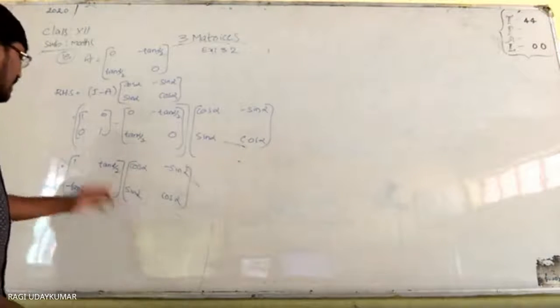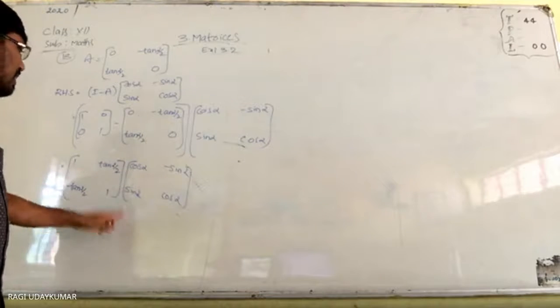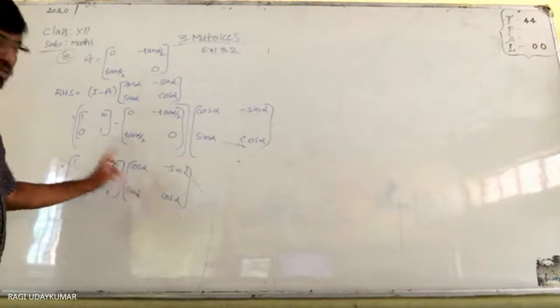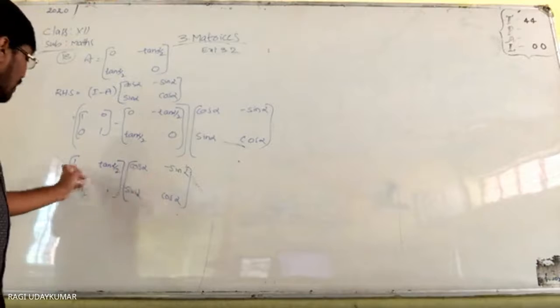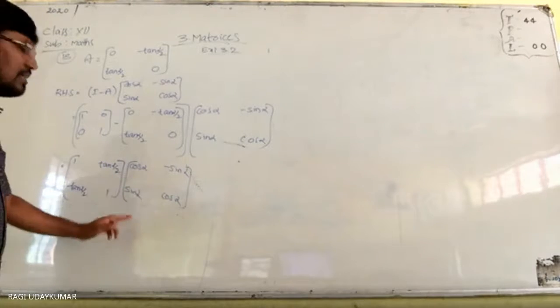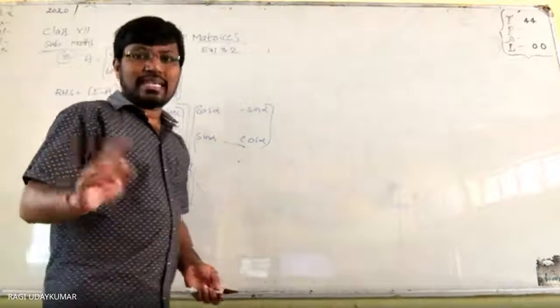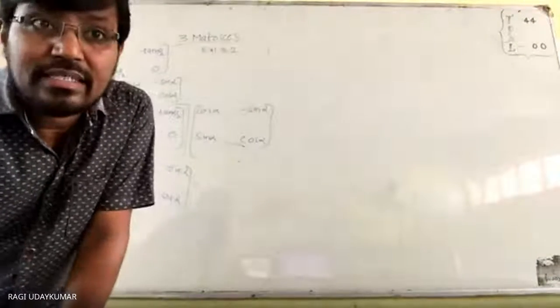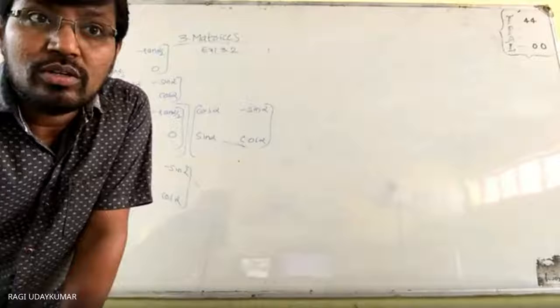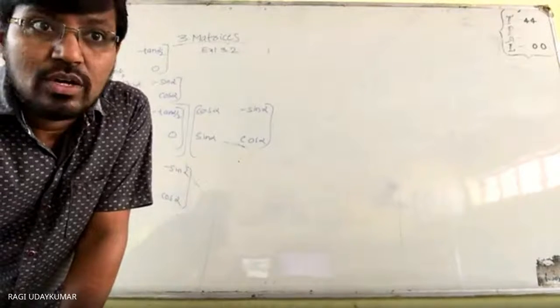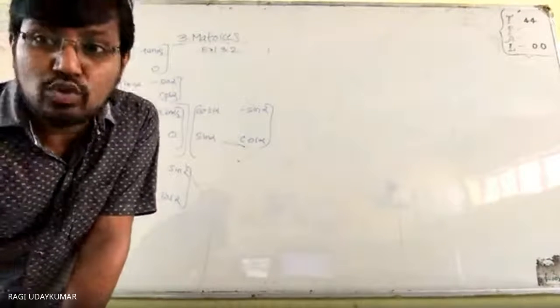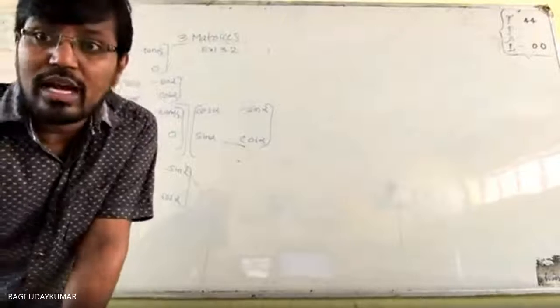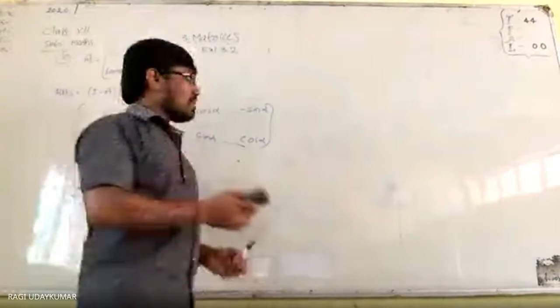Okay, then you multiply this one. If you multiply, what do you get? 1 into cos alpha, plus tan alpha by 2 into sin alpha. But you do remember that here one is alpha by 2, another one is alpha. So you need to convert everything into alpha by 2 or everything into alpha. That is the main thing you need to remember here.